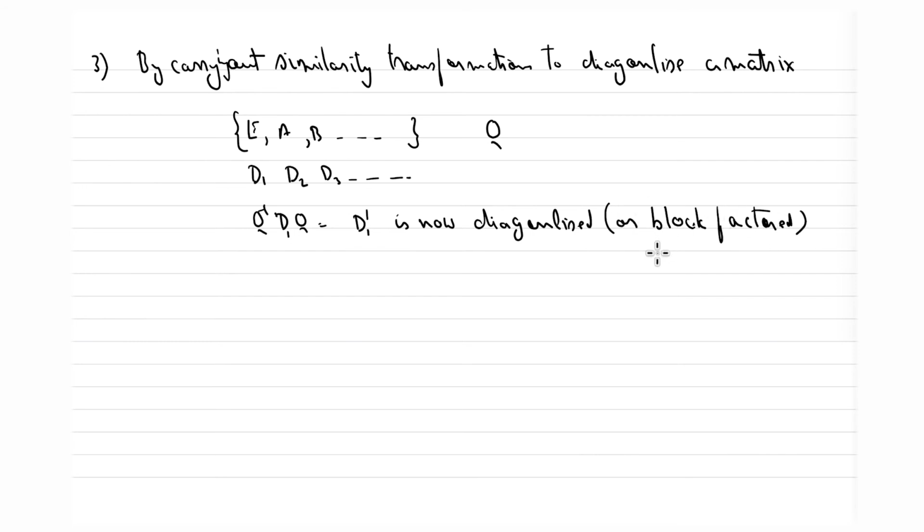Once you have block factored a matrix, you can write it as a linear combination, and then you arrive at irreducible representations. But this is not a very straightforward method. Finding Q is a big challenge, right? Because it is not apparently intuitive. What will you use to multiply here to find a new diagonalized matrix? It's not straightforward. So we'll not be discussing this, but this is a way to do it.